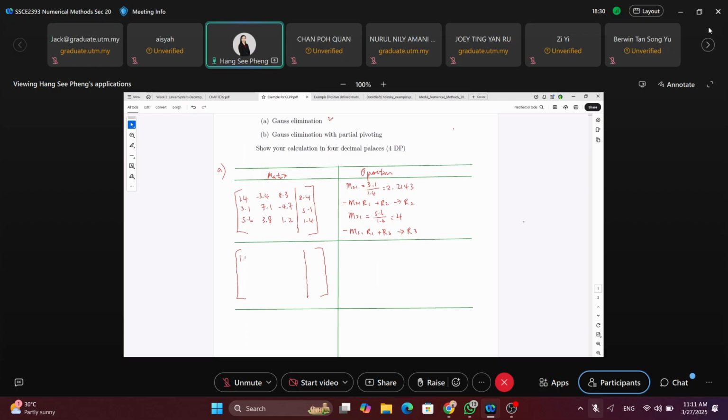The first row normally remains the same. So write down the first row and the second row based on these computations. M21, minus 2.2143 multiplied by R1, which is 1.4, plus R2, you should be able to get 0 or approximately 0.